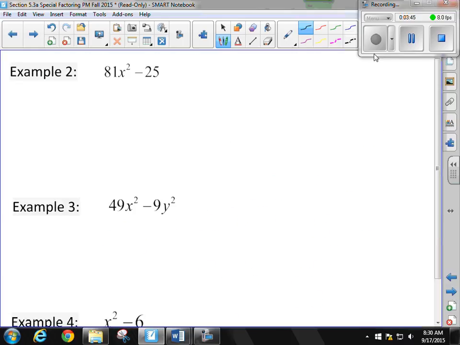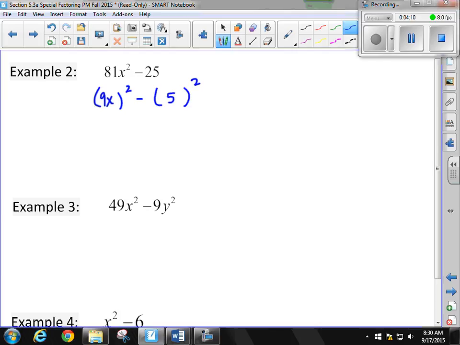81x squared minus 25. I always start the same way. Can I write this as something squared minus something squared? 81 is a perfect square. 9 times 9 is 81, so I can write this as 9x. When I do 9x times 9x, I get 81x squared. And 25 is a perfect square. 5 squared will give me 25.